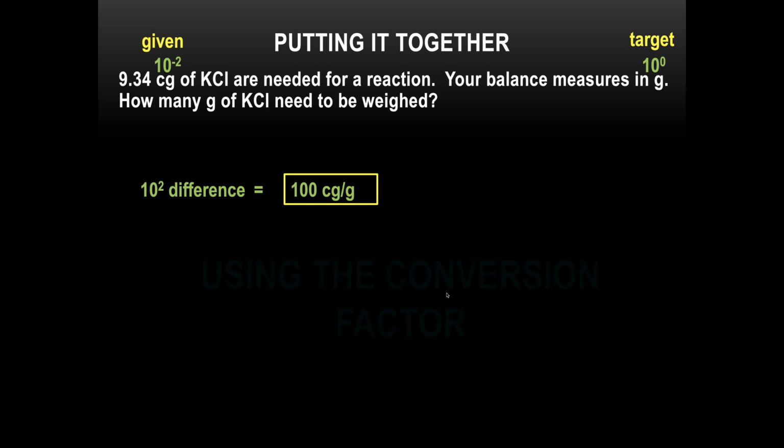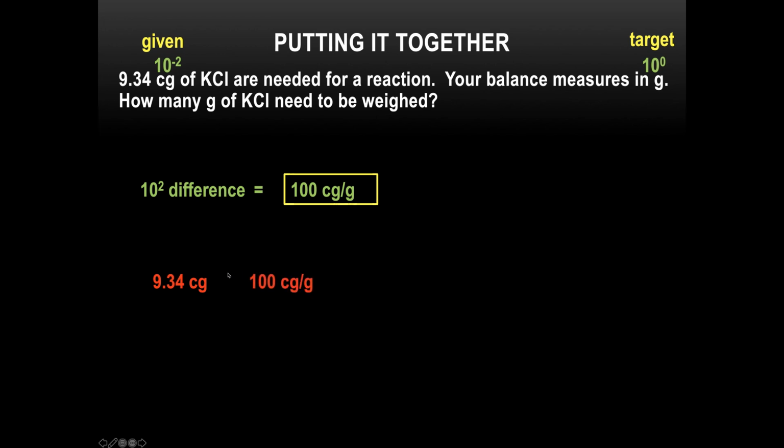Okay, now that we have a conversion factor, let's make use of it. So we're going to take our given, 9.34 centigrams, and then we'll write our conversion factor. We have centigrams in the numerator. How on earth do we get rid of centigrams? We divide. And by dividing, we cancel out centigrams, and we are left with grams.